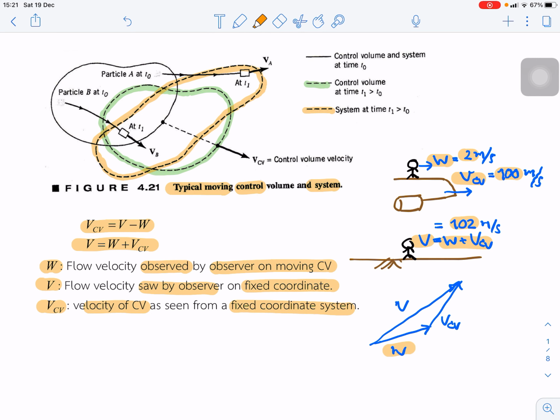That is a vector combination of the velocity of the control volume, the relative velocity, and the absolute velocity.